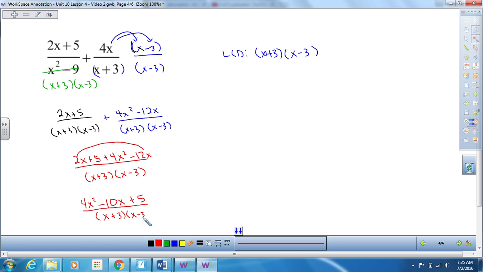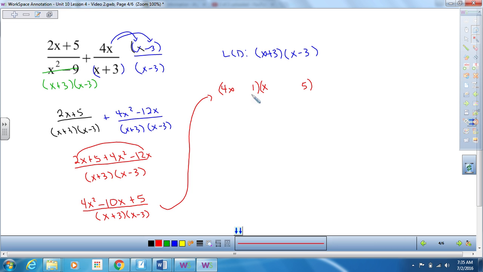And I think this one might actually factor. So I'll come up here, because then my outer would be 9x, the inner would be 1x.